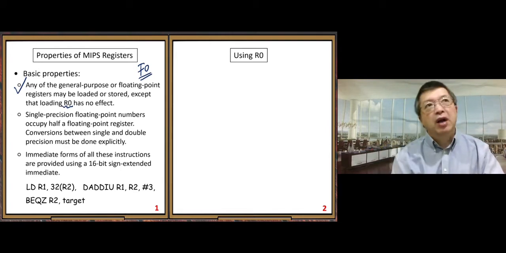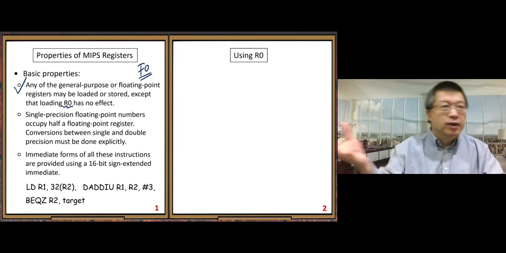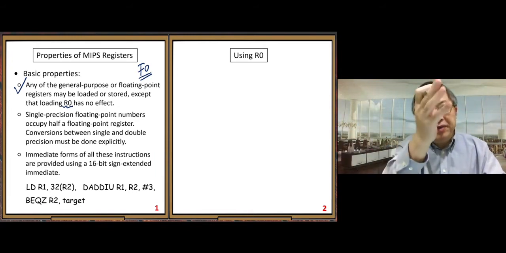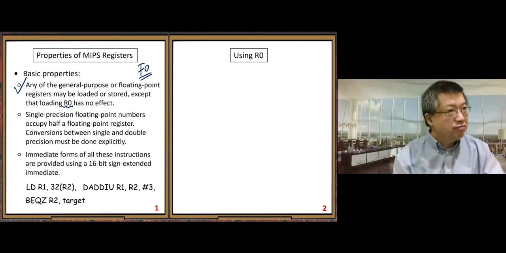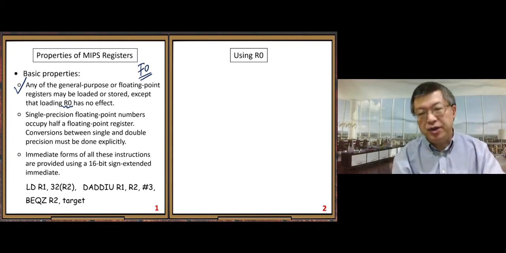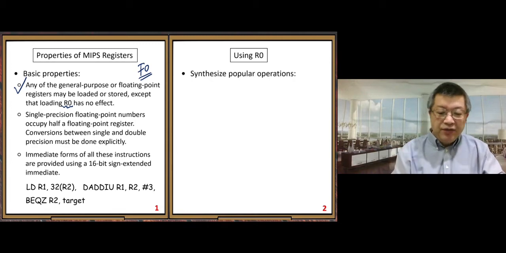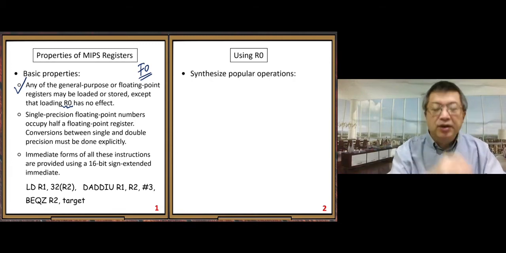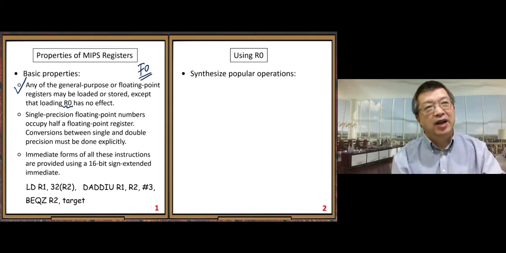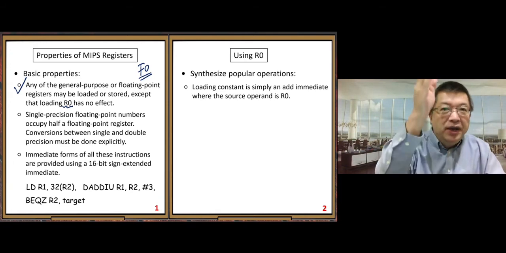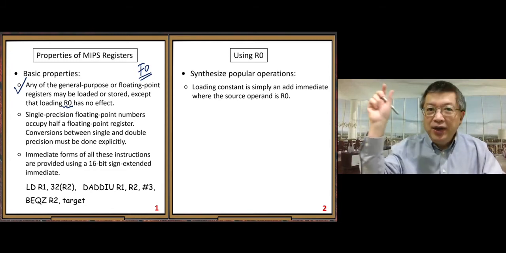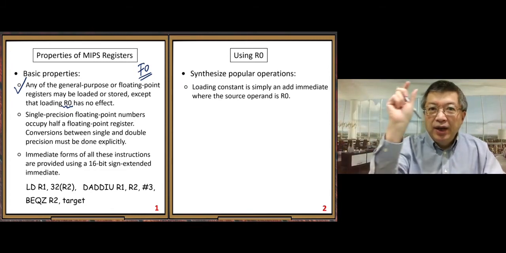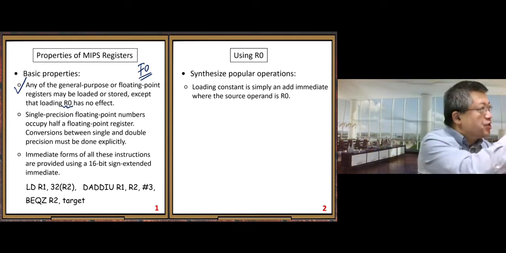The next topic, using R0. R0, very simple, constant zero, but there are some special usages for this R0 register. Synthesize popular operations. Here, just give you two examples. The first one, loading constant. So what do you mean loading constant? Loading constant to a register.